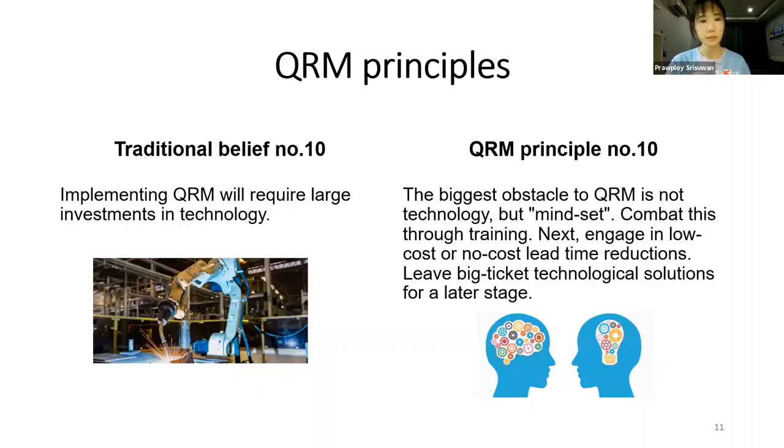The last one is about implementing. Some people may think about buying more technologies if they hear about quick response, but the biggest obstacle is the mindset of people in the organization, because QRM changes what they think is right.